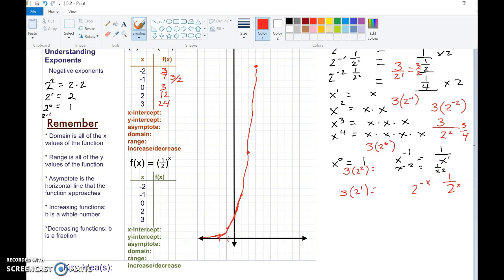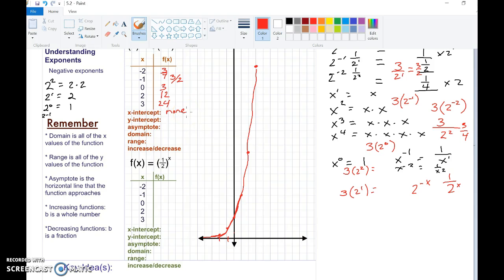So it's just going to get smaller and smaller, closer and closer to the x-axis, but we're never going to touch it. It's going to get so close that we can't see it unless we had a microscope, but it's never going to reach it. So there is no x-intercept.